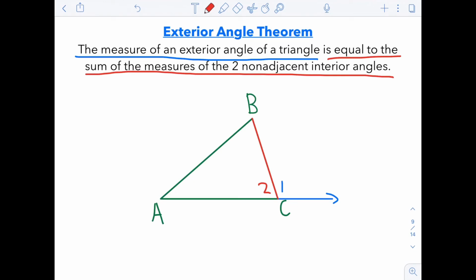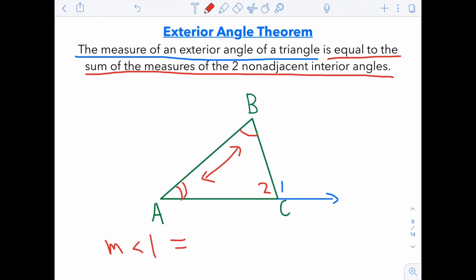So that means the non-adjacent interior angles are going to be right here and right here. Angle A and angle B are non-adjacent to the exterior angle. So it's basically saying that the measure of the exterior angle, so the measure of angle 1, is going to be equal to the sum of the measures of the two non-adjacent interior angles. So the non-adjacent interior angles we just said are angle A and angle B.